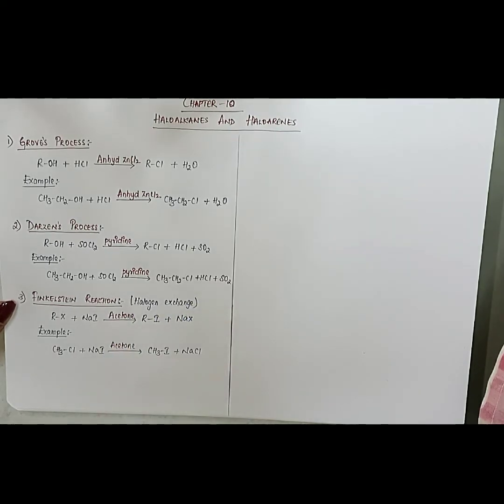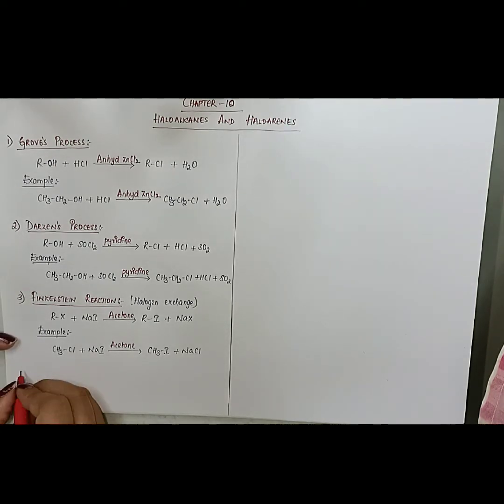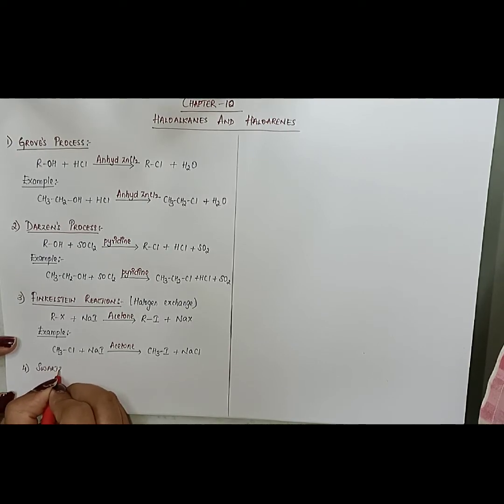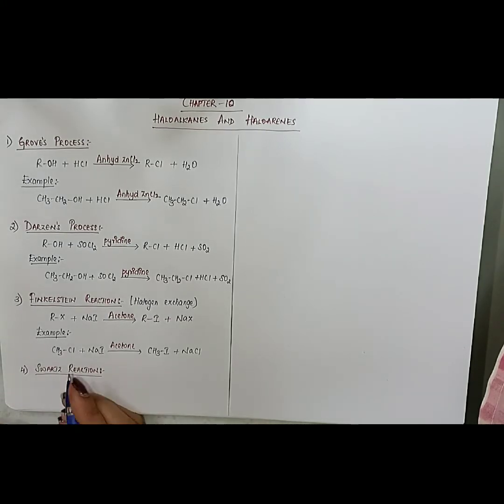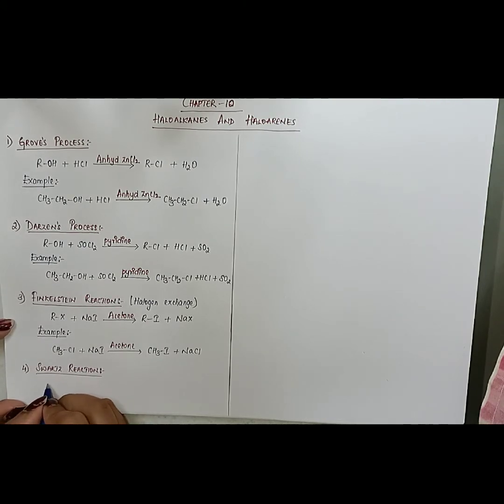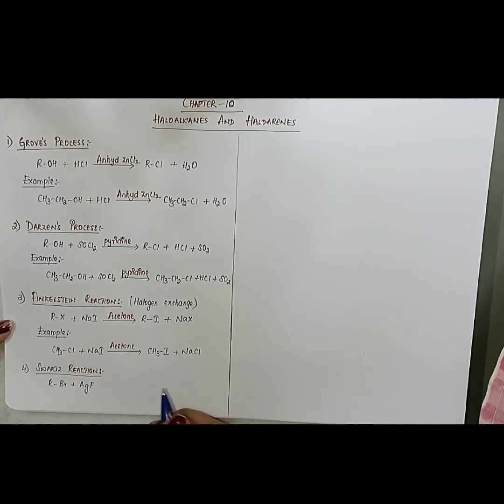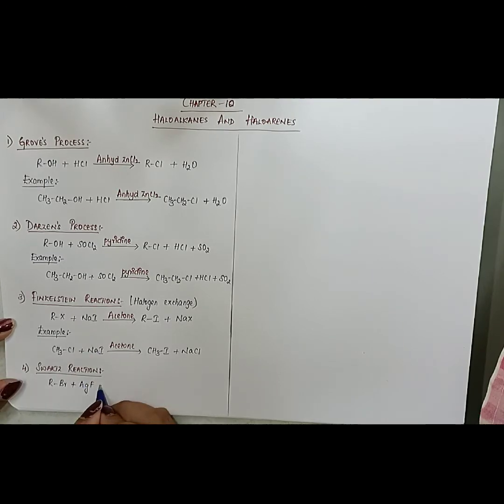Now the next reaction is Schwartz reaction. That is another name reaction that we have. Now in this case, we will take say a halide plus we are taking AgF as our reactant.